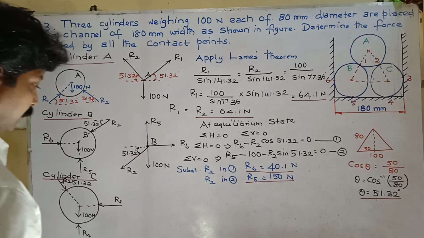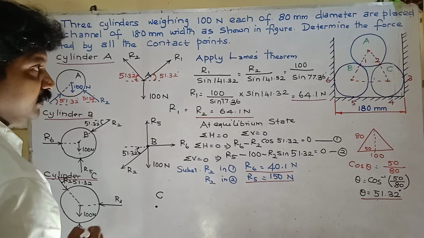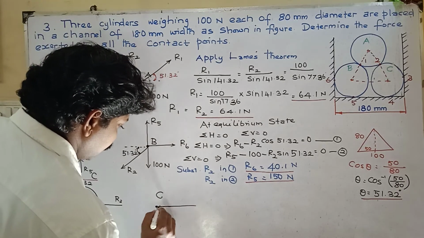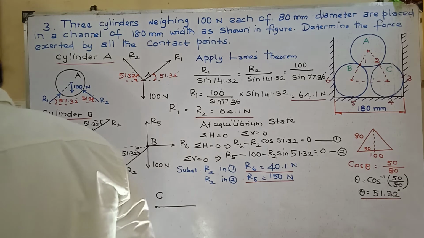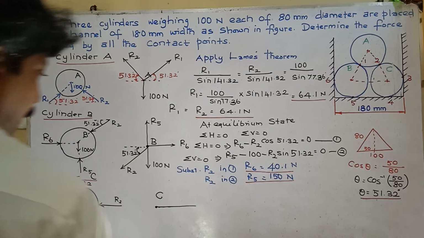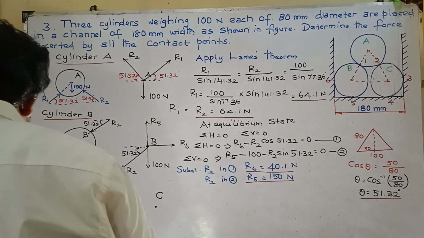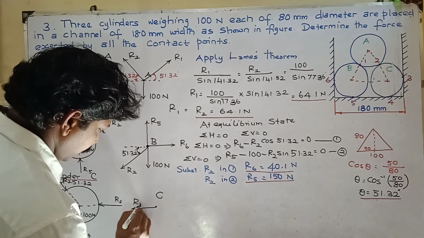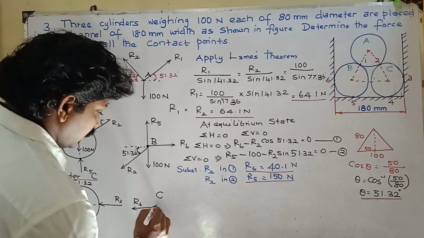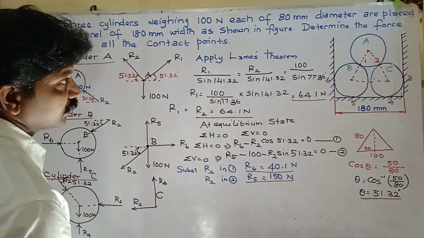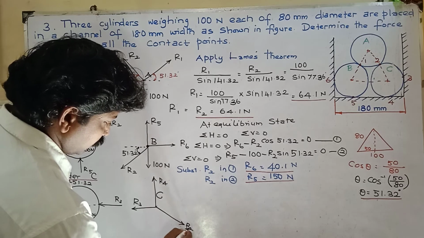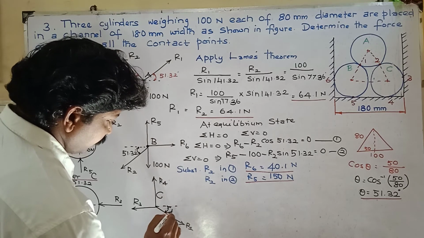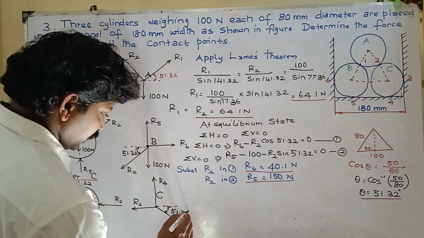for cylinder C. Point C, reaction R3, apply the principle of transmissibility, and R4 in the upward direction, and R2 with horizontal inclination 51.32 degree.